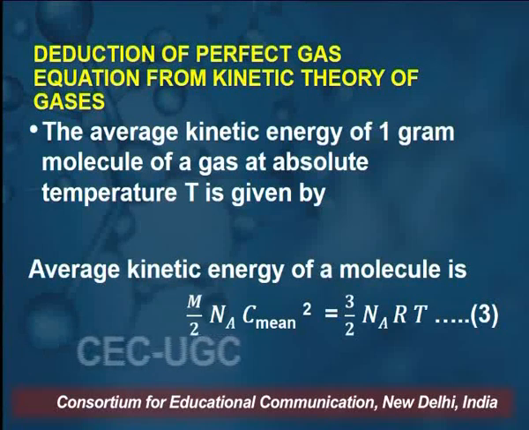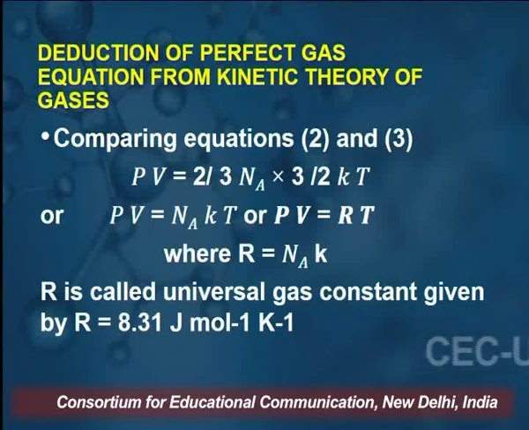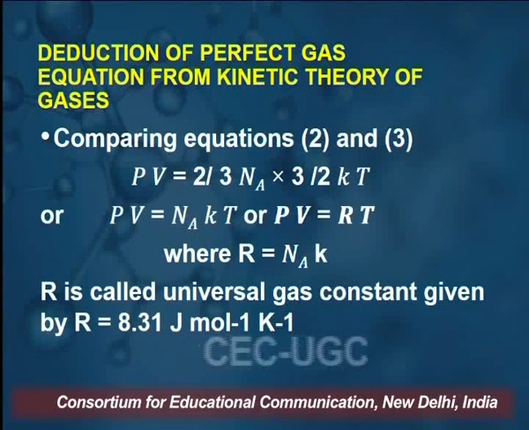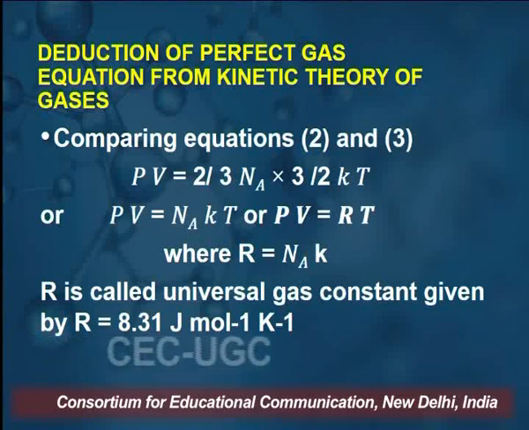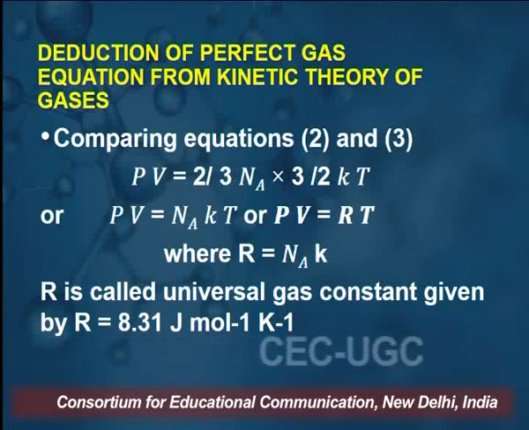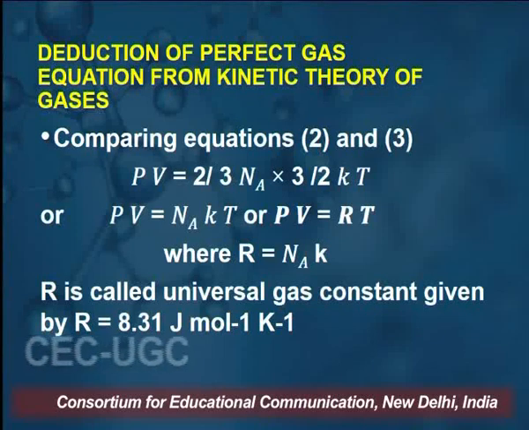Call this expression 3. Comparing equations 2 and 3, we get PV is equal to 2 by 3 Na into 3 by 2 kT, or PV is equal to Na kT, or PV is equal to RT, where R is equal to Na k.